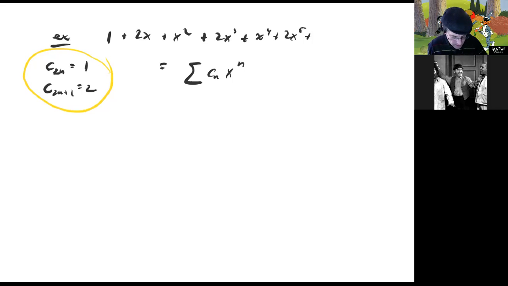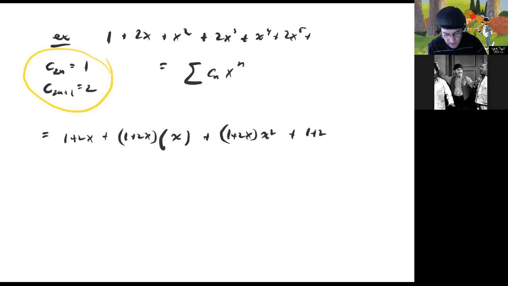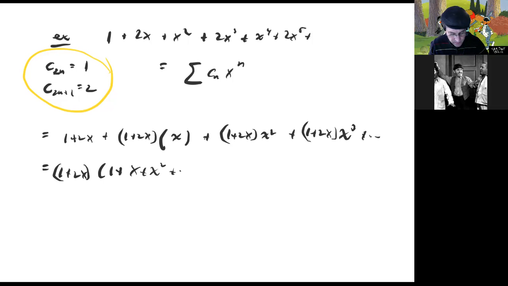The most elegant way to deal with this problem is to note that this is 1 plus 2x, plus 1 plus 2x times x, plus 1 plus 2x times x squared, plus 1 plus 2x times x cubed, etc. In other words, it's 1 plus 2x times 1 plus x plus x squared, etc.